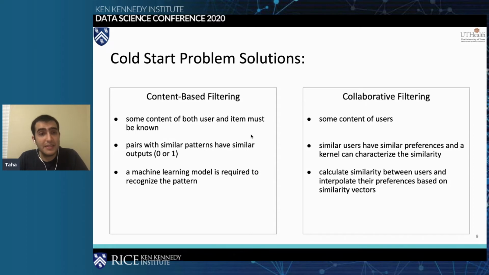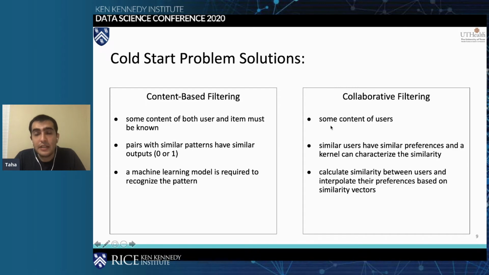The assumption in content-based filtering methods is that pairs, by pairs meaning drug and cell pairs or item and user pairs, with similar patterns in their content have similar output, which in our case is the relative inhibition, which is 0 or 1. And to detect this pattern, we can employ a machine learning model to recognize it. That would be the content-based filtering.